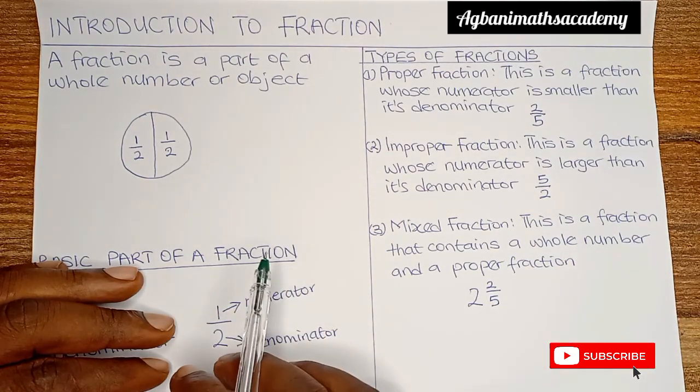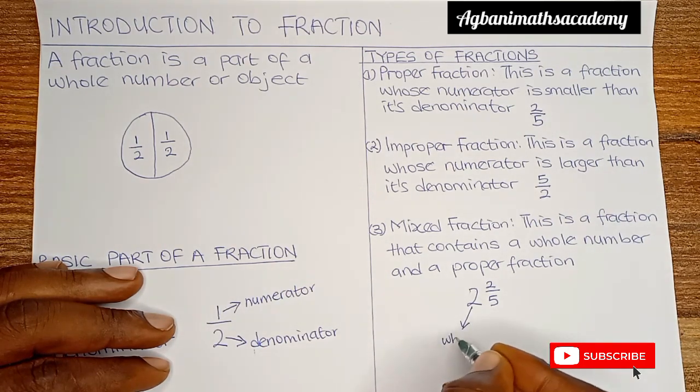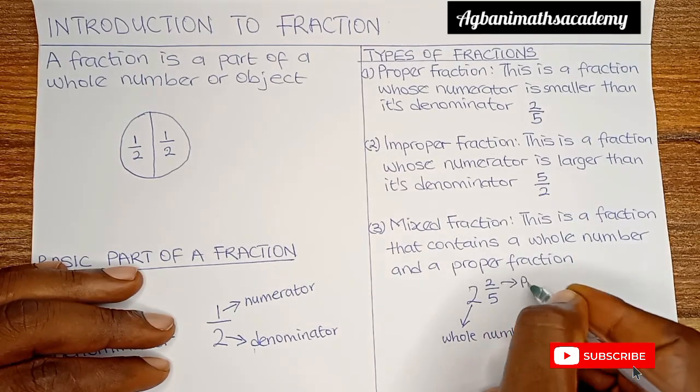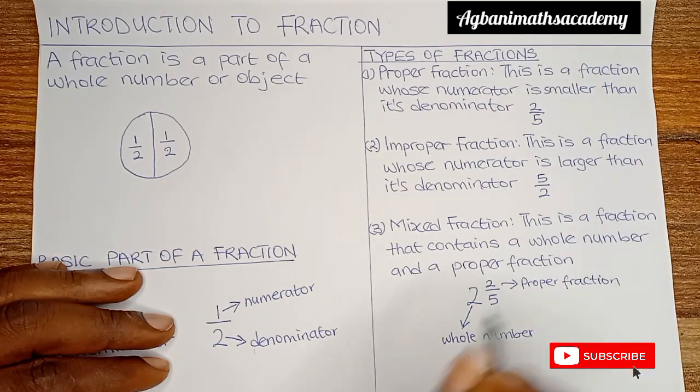This is a mixed fraction. It is a mixed fraction because it contains a whole number and a proper fraction. Okay, the whole number here is 2 and the proper fraction is 2 all over 5.